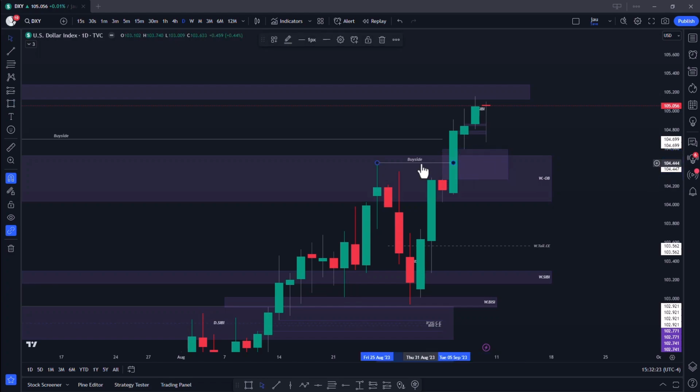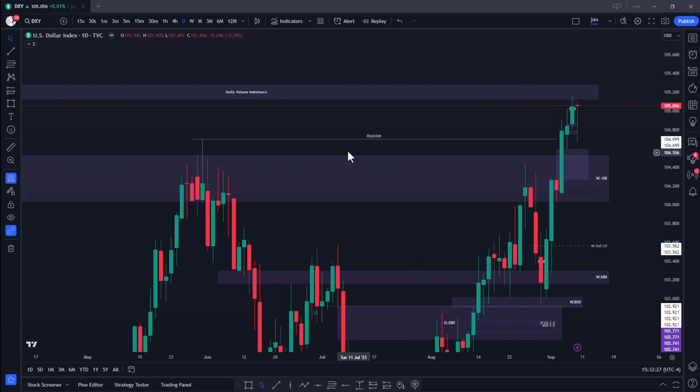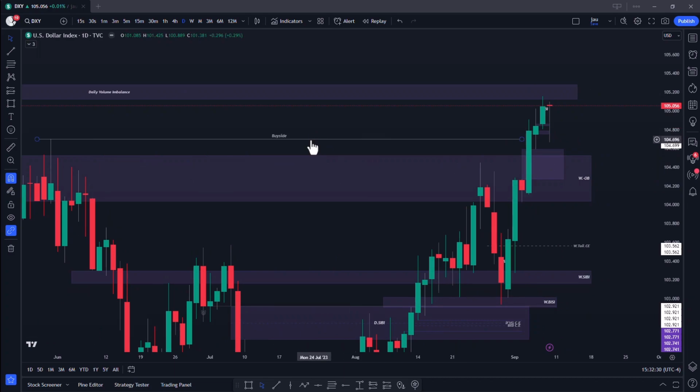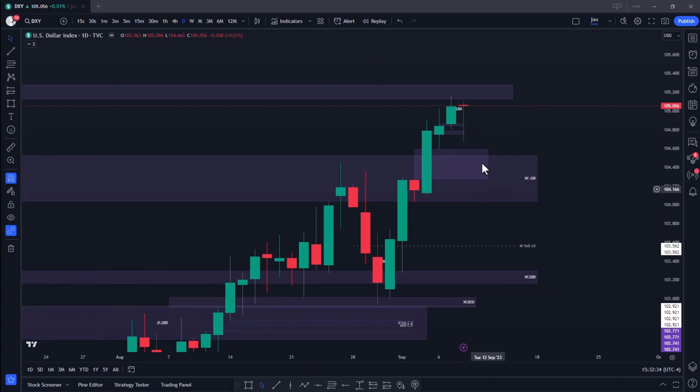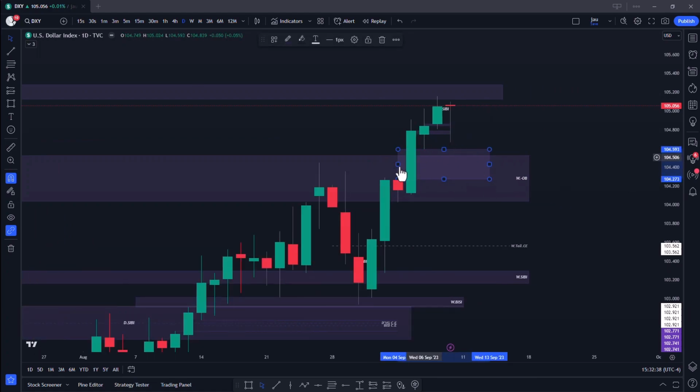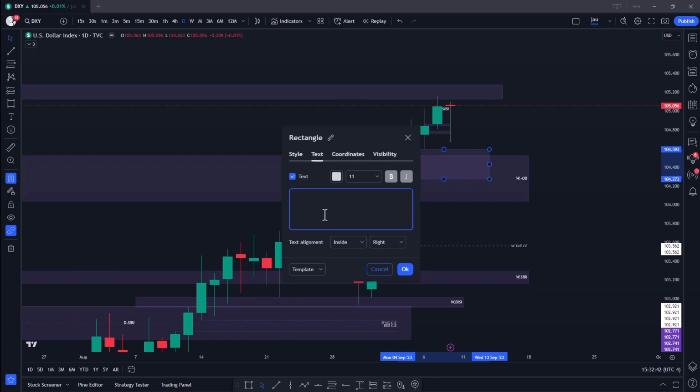Let's delete this buy side liquidity level that we don't need anymore, and of course we also purged this buy side. So I'm looking closely at this daily buy side imbalance.